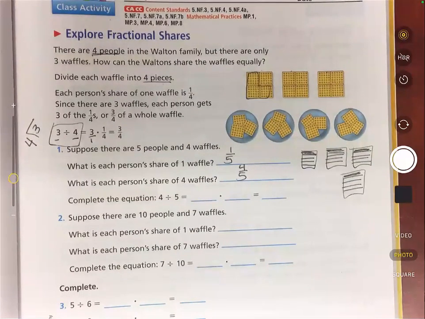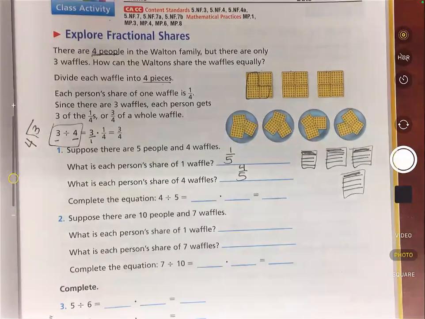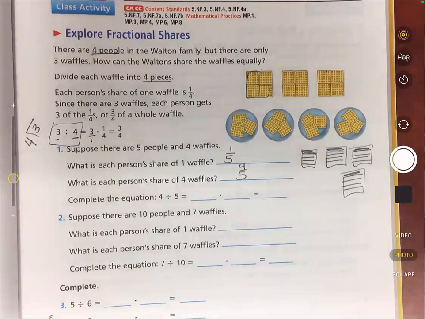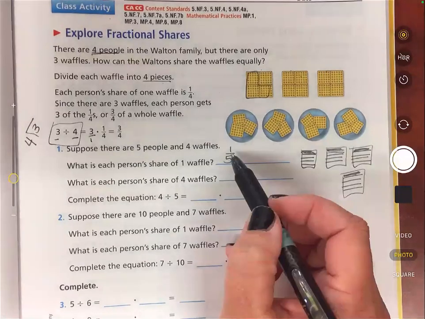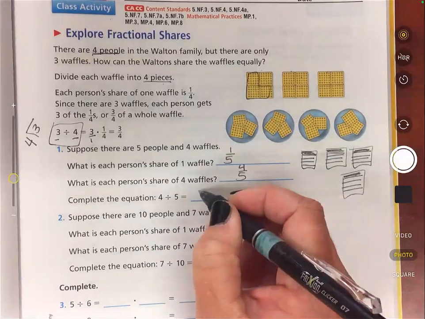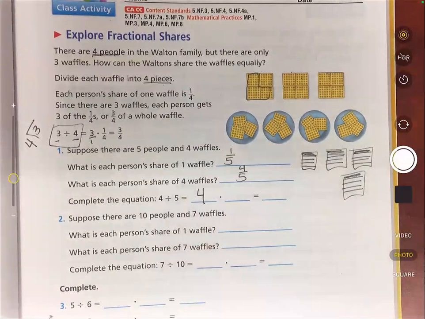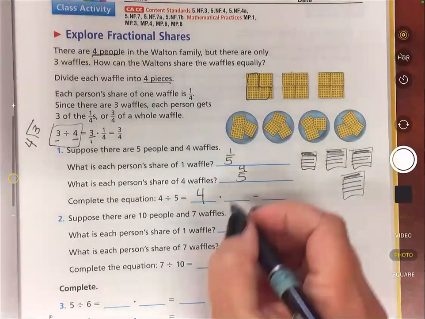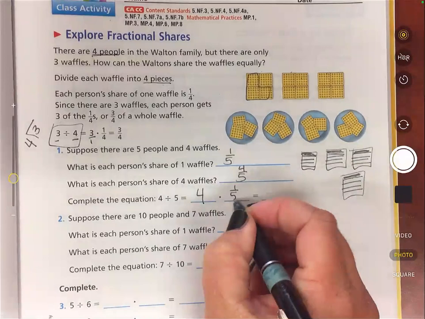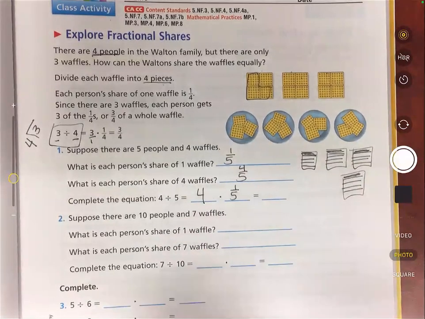So when we're looking at this mathematically, we have 4 divided by 5, which is really the same as 4 times 1/5, right? Because I still have my 4 waffles. 4 times what fraction of each waffle did a person get? 1/5. Each person, you got 1/5 of a waffle. What's 4 times 1/5? 4/5.